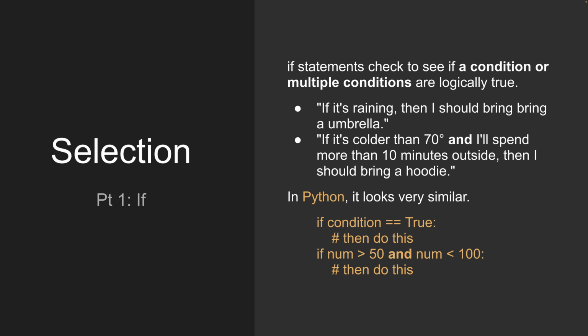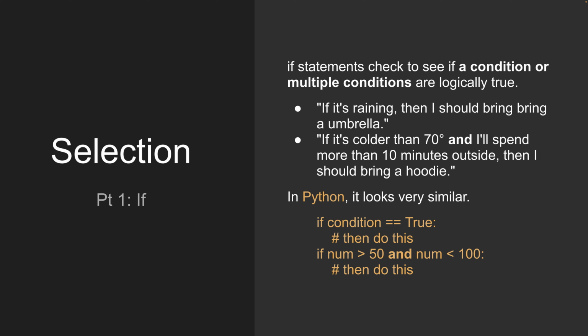We do selection all the time in our life, right? If you can imagine, you're getting ready in the morning, you decide with if statements kind of what to wear to school. An if statement checks a condition, like is it raining? Any of these conditions checks and returns a logical true or false.